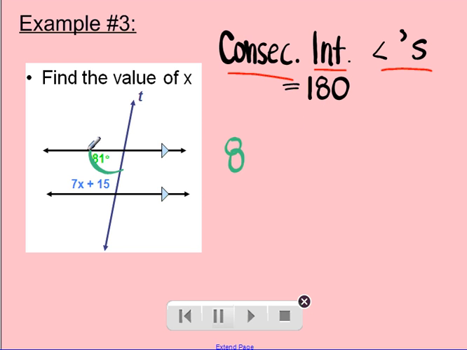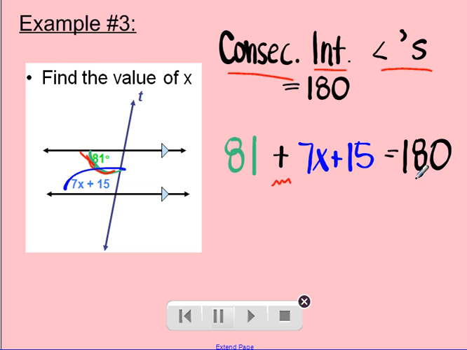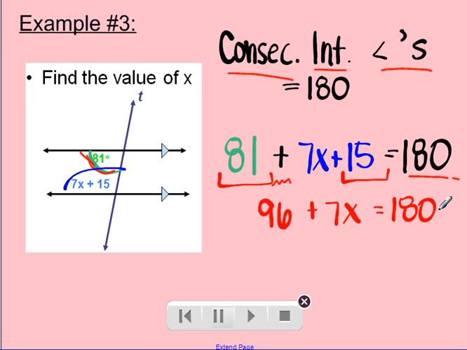So what we do is we take this angle, 81, and then we add this angle, 7x plus 15, because we know that supplementary angles add together to equal 180. Now it's just a matter of combining some like terms. We have 81 plus 15 is 96. Then we have our 7x equals 180 degrees.